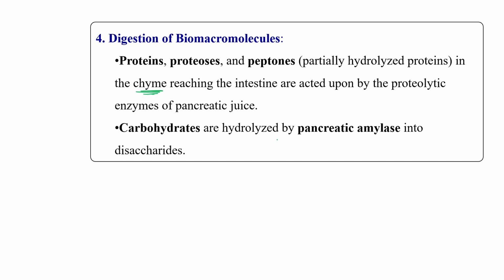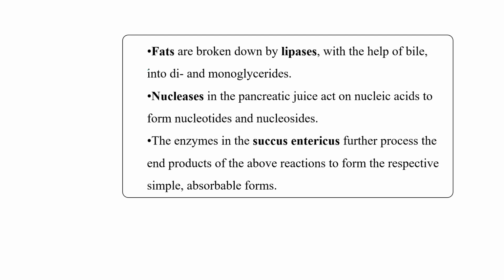Carbohydrates are hydrolyzed by pancreatic amylase into disaccharides. Fats are broken down by lipases in the presence of bile, converting into diglycerides and monoglycerides in the small intestine itself. Similarly, nucleases present in the pancreatic juice convert nucleic acid into nucleotides and nucleosides.